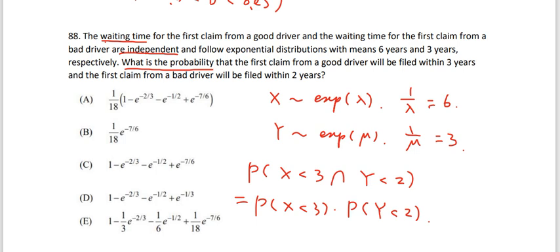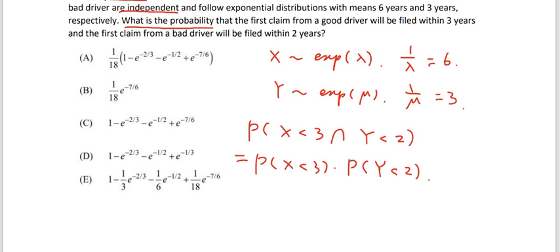So here X and Y follow exponential distributions. For the exponential distribution, we have the formula, right? So the probability X less than 3 is 1 minus e to the negative lambda, where lambda is 1 over 6, times this 3.